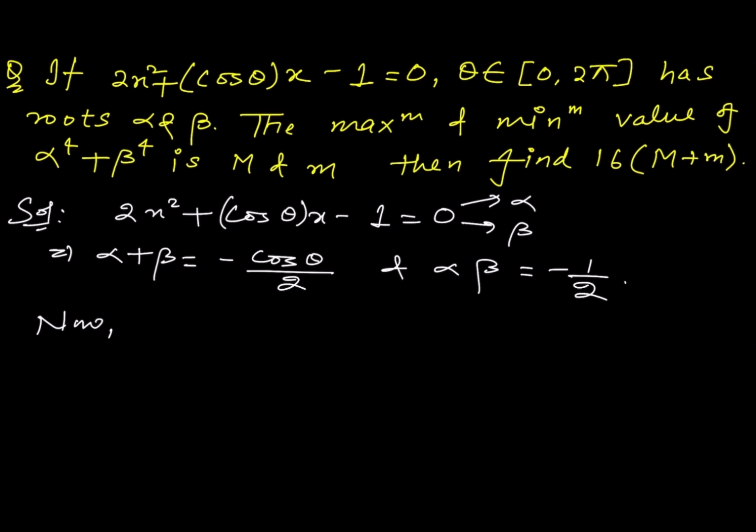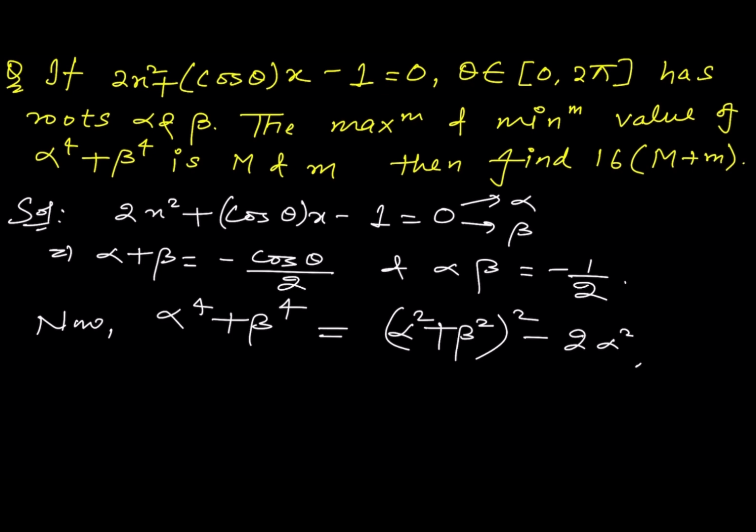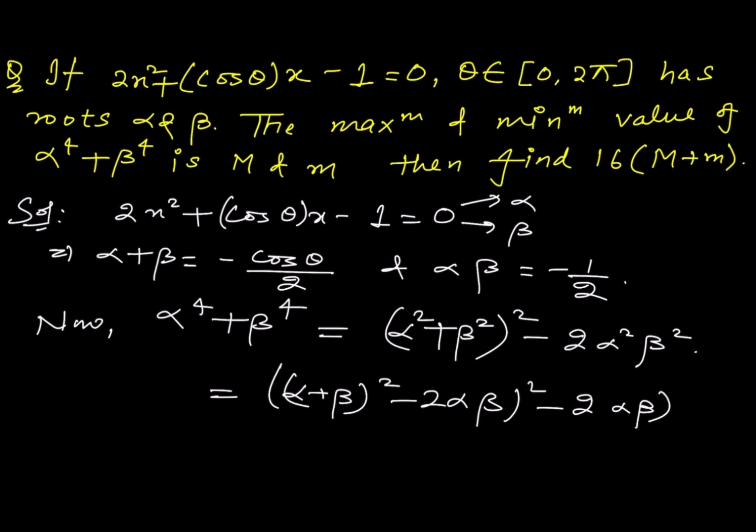Similarly, I can write α⁴ + β⁴ as (α² + β²)² − 2α²β², and α² + β² is nothing but (α + β)² − 2αβ.